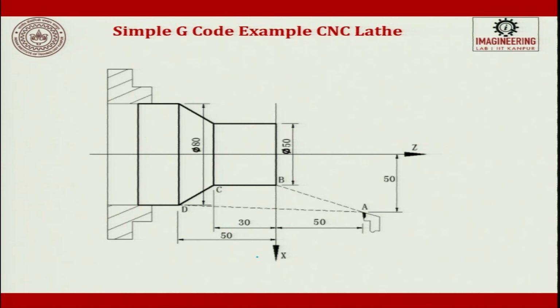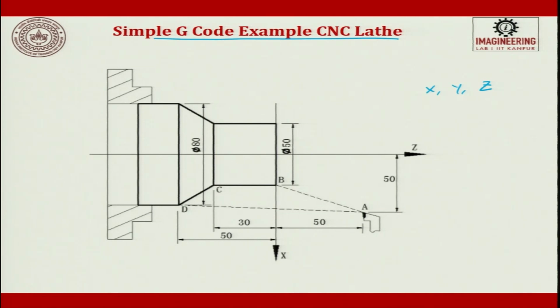Now, this is for a milling component. Let us see one example for a turning component. A simple G code example for a CNC lathe. As I told you, in milling you will have X, Y and Z, 3 axes, but in that program we did not have any z value because we assumed the workpiece to be a plate.